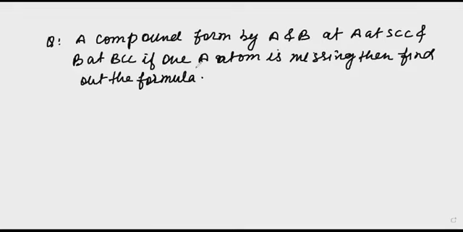So you must remember that A is only at 7 corners, not 8. One is missing. Participation is always 1 by 8. B, we already wrote, BCC. So A is 7 by 8 and B is 1, so the formula is A7B8.